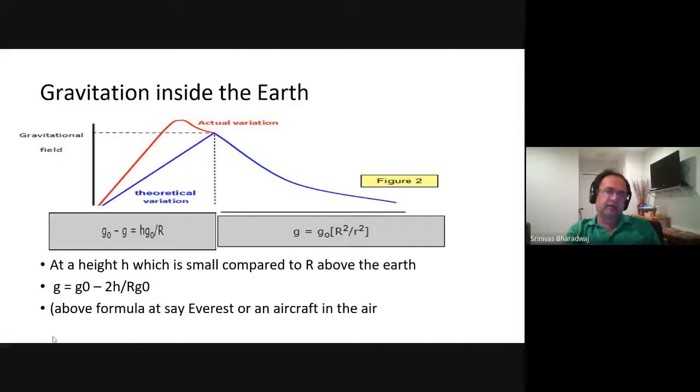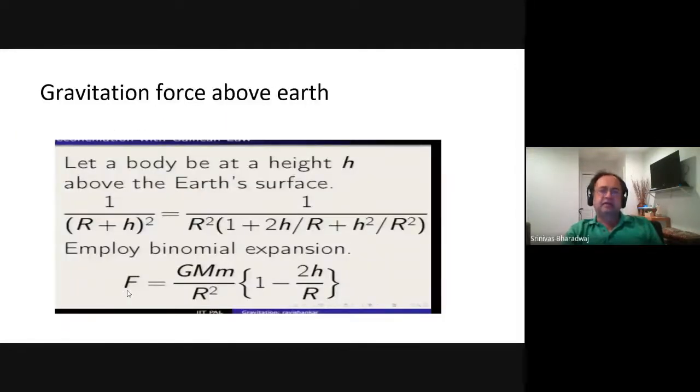There's a product there, 2h g naught by r, so only then the units will match. So g naught times 1 minus 2h by r, that's this formula. So GM by r square is g naught times 1 minus 2h by r.